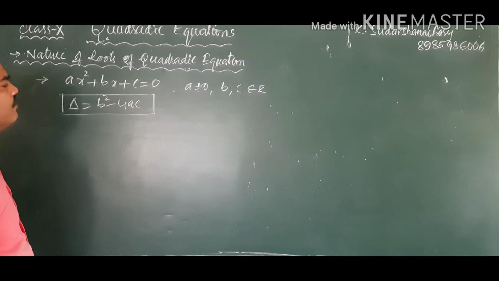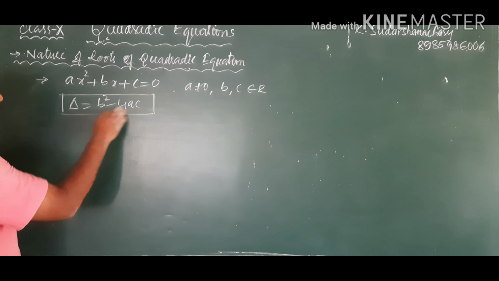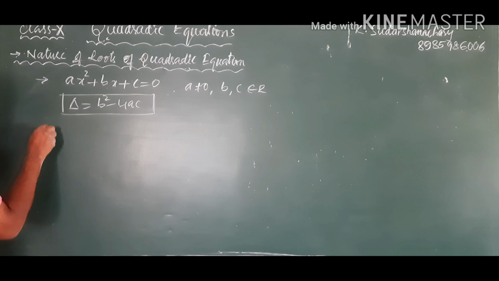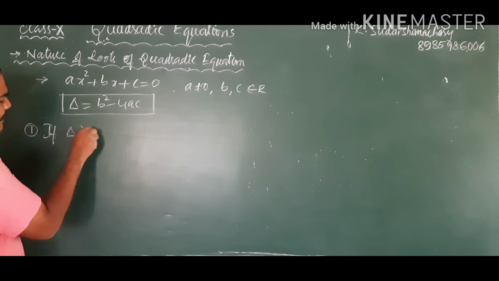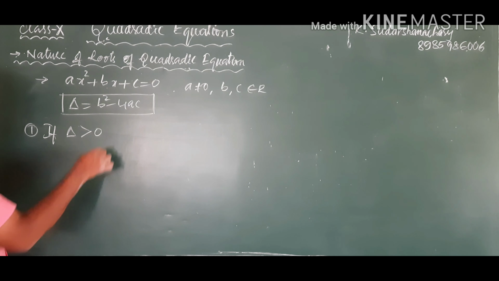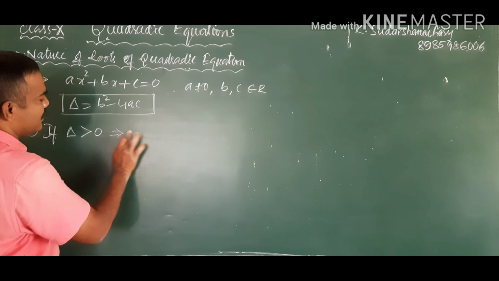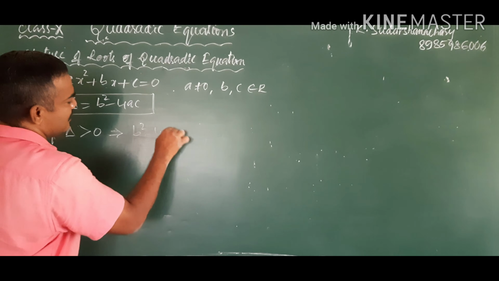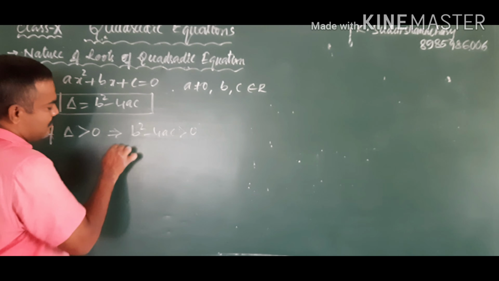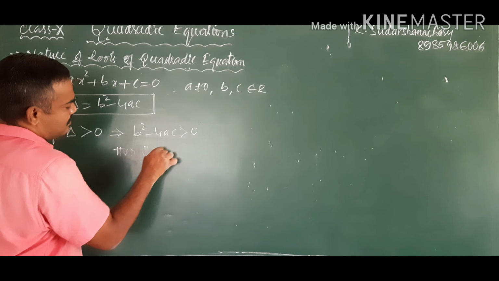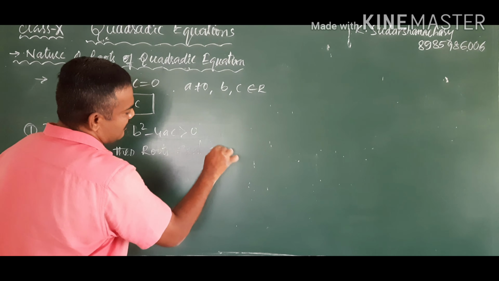To say the nature of roots, we have to discuss based on this discriminant. First, if delta is greater than 0, that is b² - 4ac is greater than 0, then the roots are real and distinct.